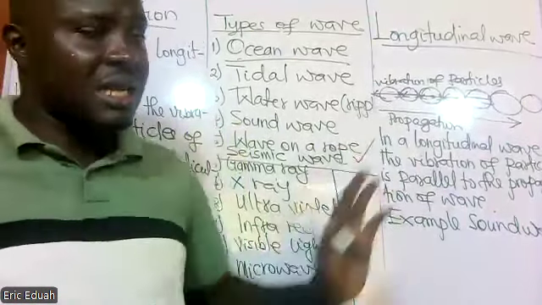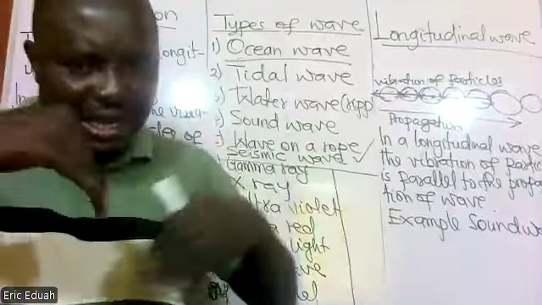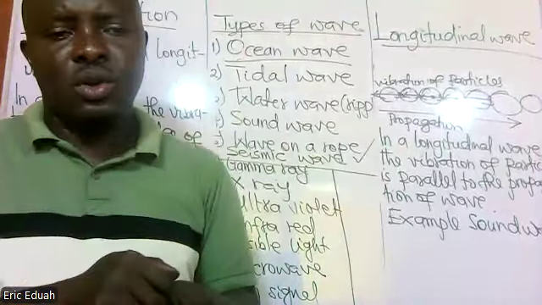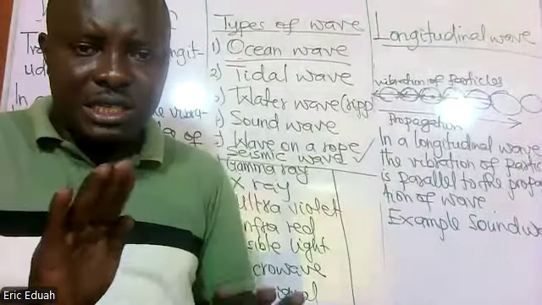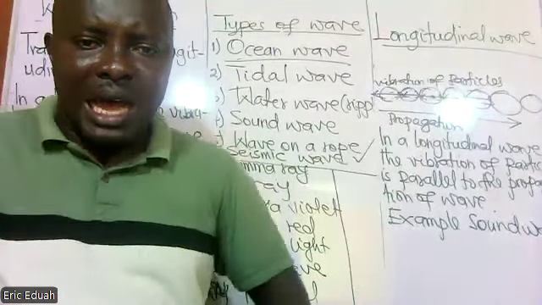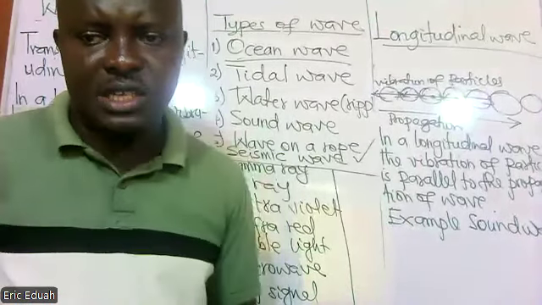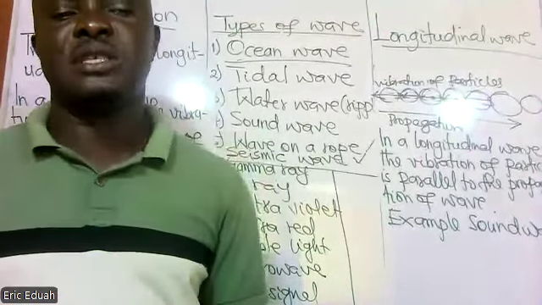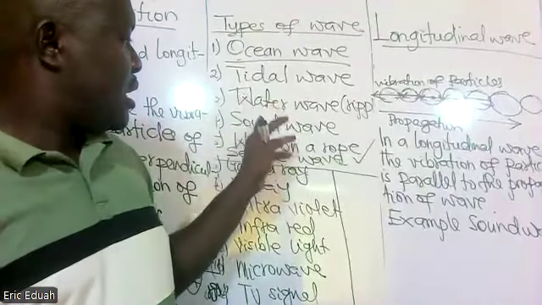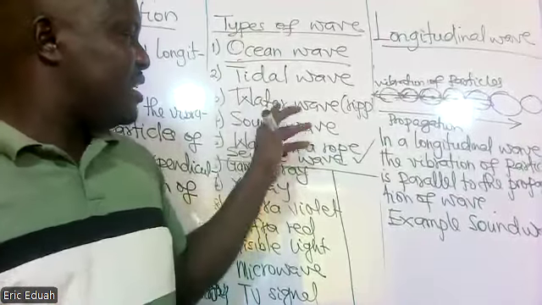That is why I earlier said these are mixed, both transverse and longitudinal. So on the surface, transverse waves are formed, whereas at the depth, longitudinal waves are formed for ocean, tidal, and even water waves.